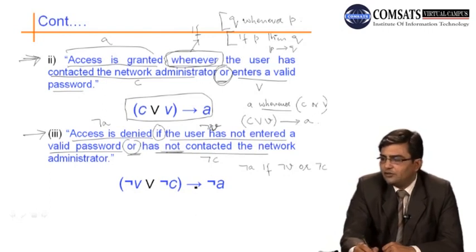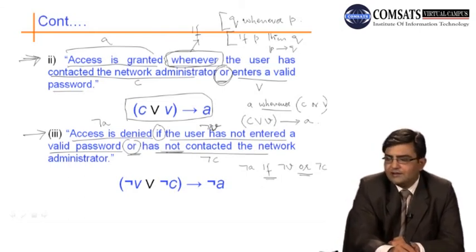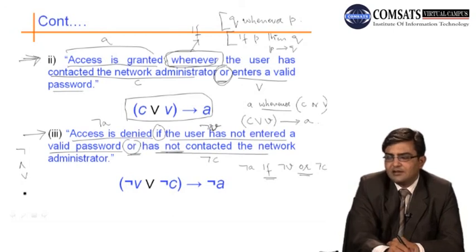So now we know that or has a preference over the if or conditional statements, or implication. I have told you the order of preference of the logical connectives: first we take the negation operator, then conjunction, disjunction, and then the implication and biconditional.